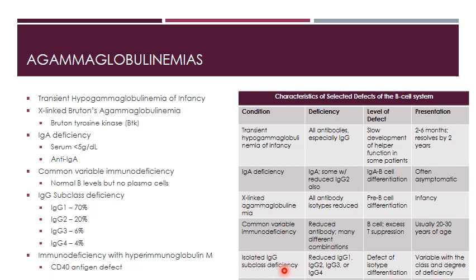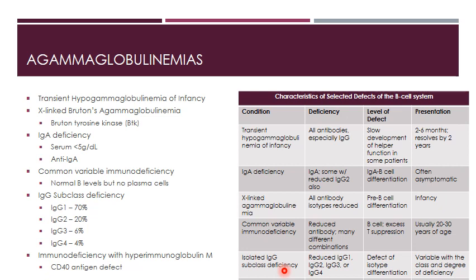If you were to do a flow on these patients, they would have very low to almost no CD19 positive cells, and that would depend on how far off their BTK gene was on the X chromosome that they do have. And with no mature B cells, that means an across the board lack of immunoglobulins, all classes, okay? Never got any to start with, so no classes.